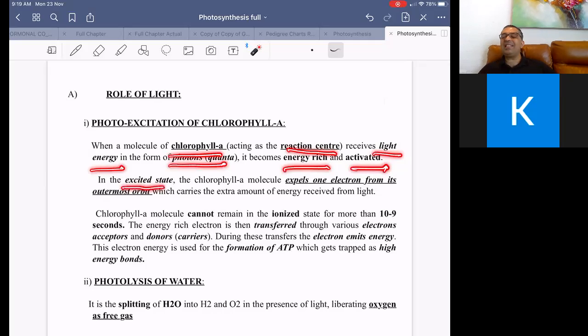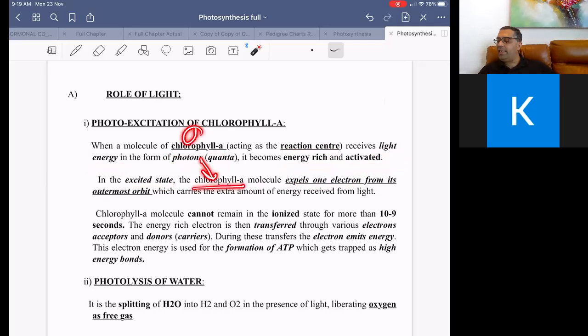In the excited state, the chlorophyll A molecule expels one electron. So now chlorophyll A has got a lot of quantum energy, फोटॉन की एनर्जी क्लोरोफिल ए के इलेक्ट्रॉन को आ जाती है.